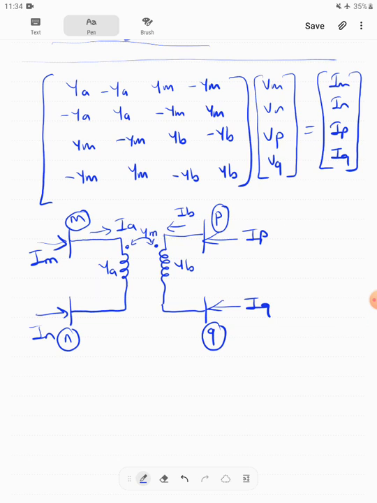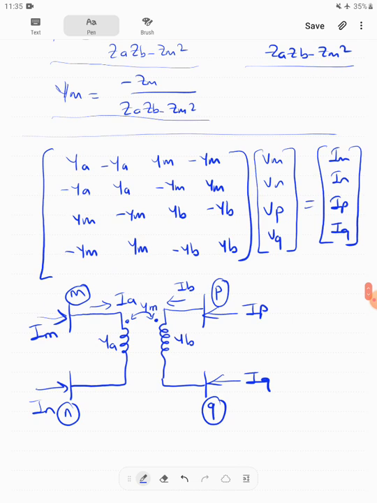The left side square matrix, as you see, involves many parameters, and these parameters consist of the combination of YA, YB, and YM. In order to understand the concept more easily, we can give some extra information for this large square matrix.